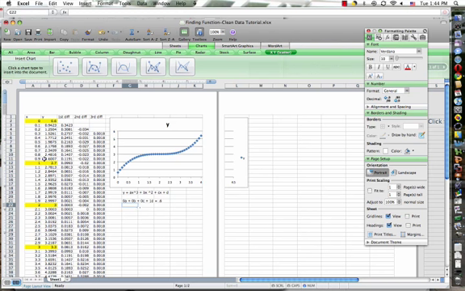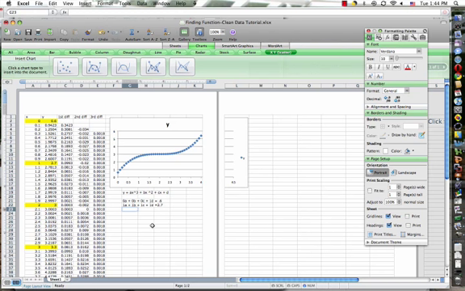Now we will substitute in the x value of 1. 1 cubed is 1. We get 1a plus 1 squared, which is 1b, plus 1c plus the 1d equals, and our y value here is 2.7.